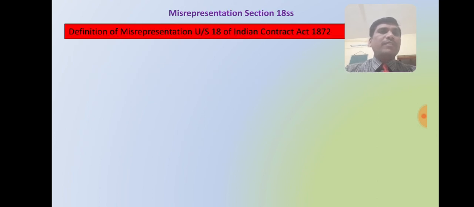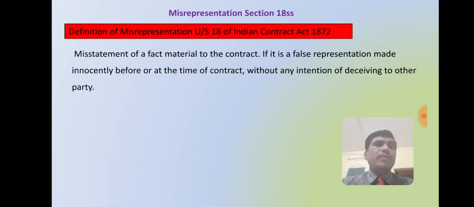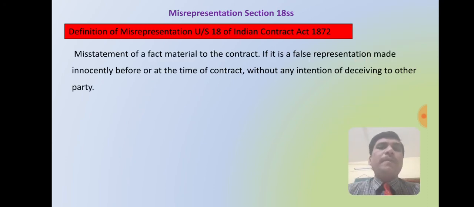Friends, now we will discuss misrepresentation under section 18 of the Indian Contract Act 1872. Misrepresentation means what? Misrepresentation means misstatement of a fact material to the contract. It is a false representation made innocently before or at the time of contract without any intention of deceiving the other party.